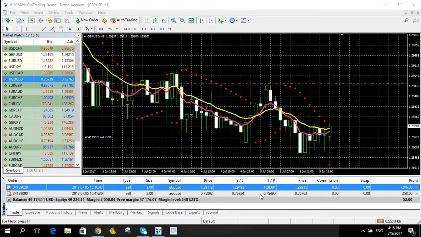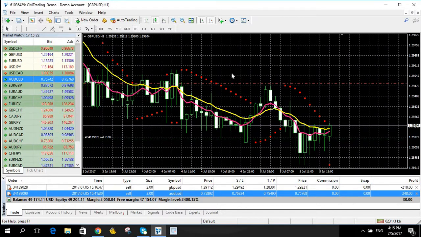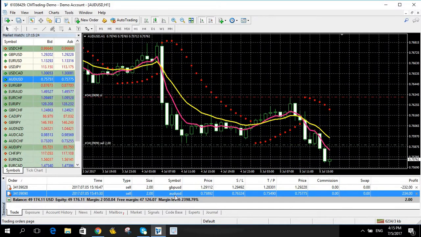If you still want to place a trade on that particular pair or any tradable instrument, you take the profit, then you replace. What I mean is this: for example, this AUD USD is giving profit, so you add another trade.